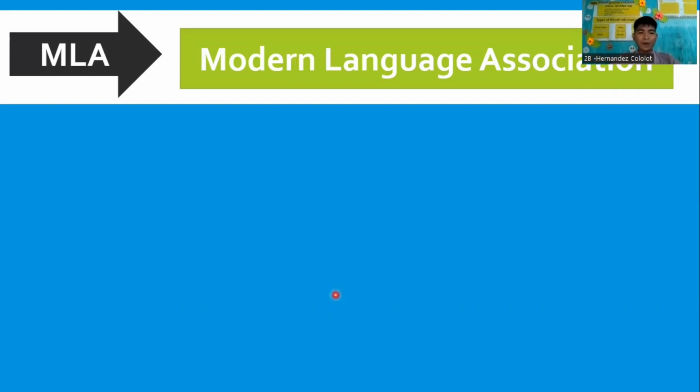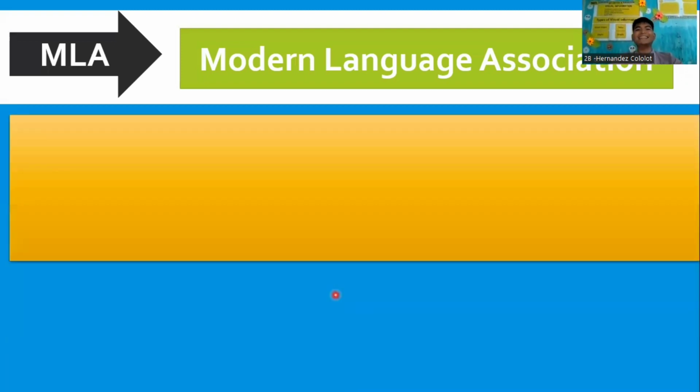Then the page number should be included at the end of the sentence, and it is placed inside the parenthesis. So in prose citation, the name is included in the text of the sentence, and the page number is located at the end of the statement. And let's see an example.